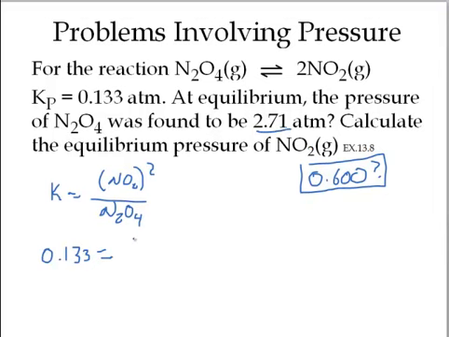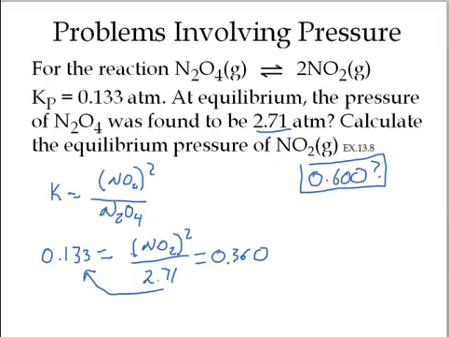So I still don't know this up here, NO2 squared, and then I know that this is 2.71, right? So again, if I just take this number over here and multiply it by that one, I get 0.360, and that equals NO2 squared, right?